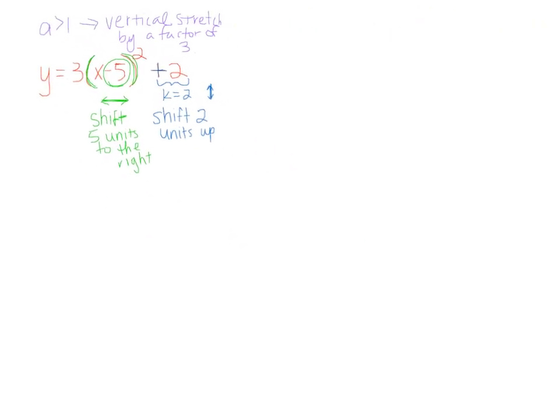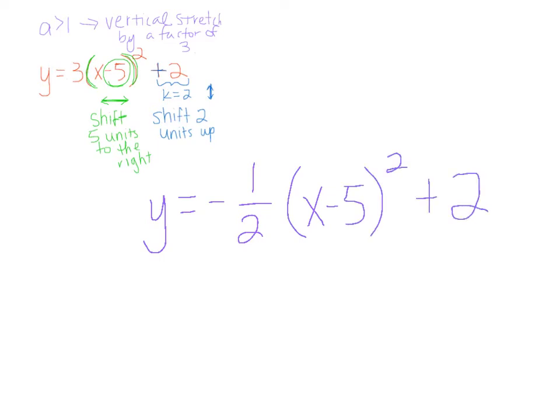I'm going to rewrite it. Except instead of 3, I'm going to put in -1/2. I'm going to keep everything else the same. So we still have a shift 2 units up. We still have a shift 5 units to the right. But now I'm looking at this -1/2 value to figure out what other transformations I might have.